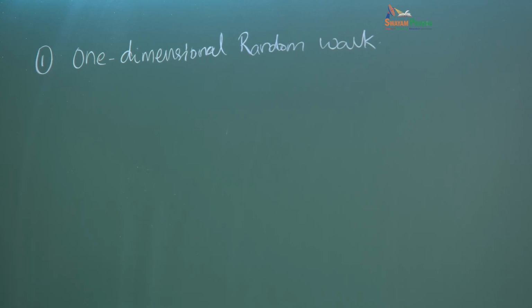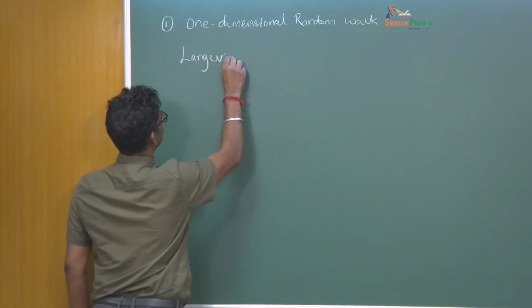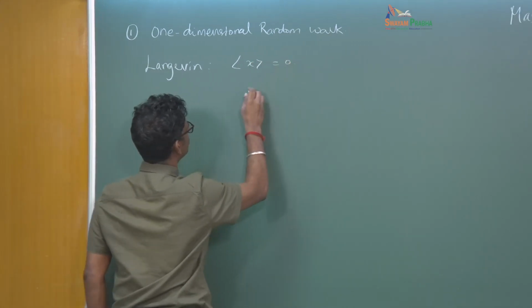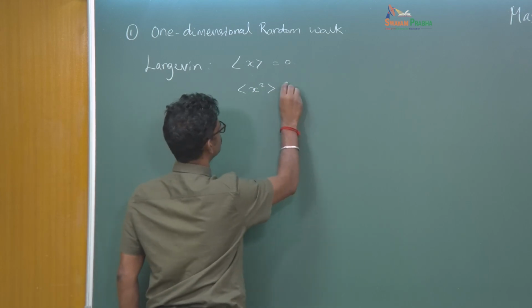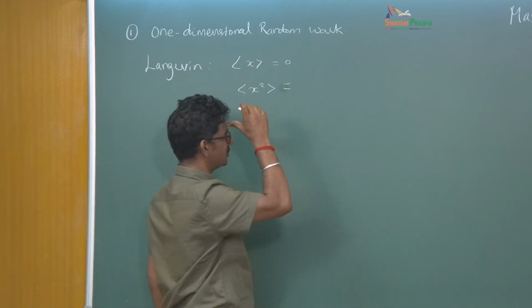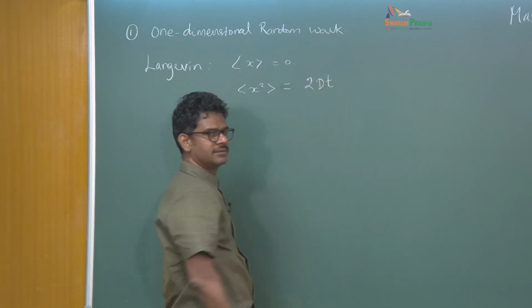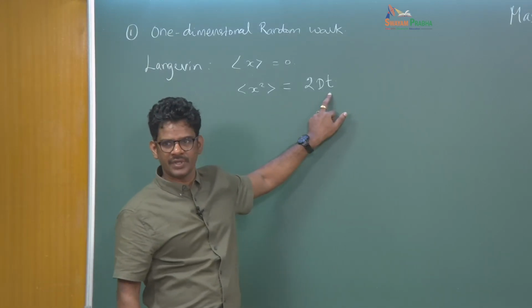The Langevin prediction is that the mean position is 0 and the mean square displacement is proportional to t, or sometimes like 2Dt. So the mean square displacement increases linearly with time. These were the predictions from the Langevin approach.